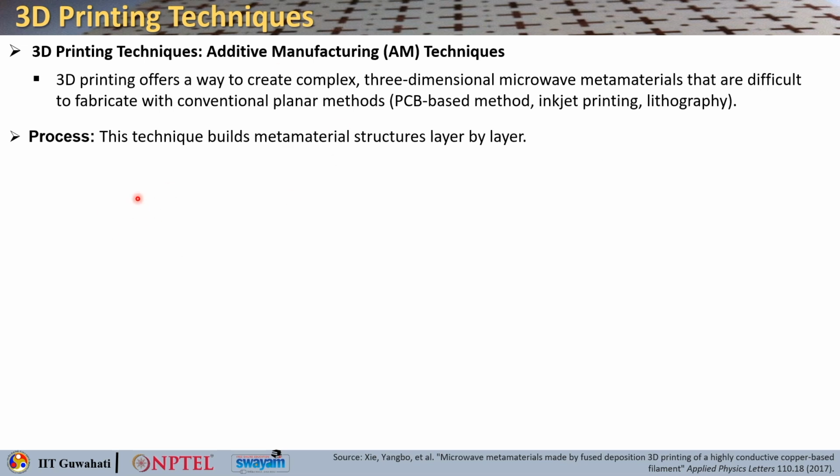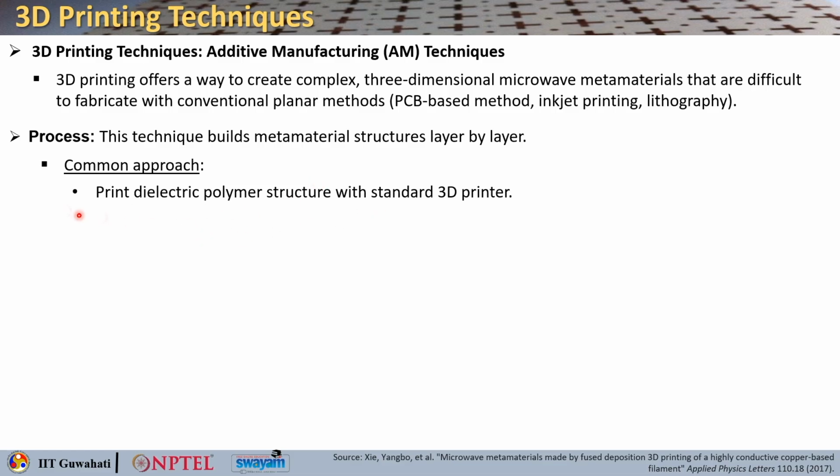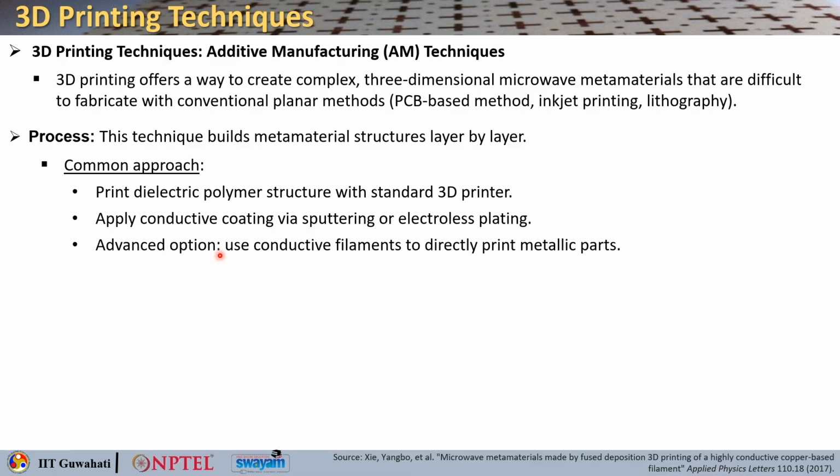So in this 3D printing method, the technique basically uses layer by layer building of metamaterial structures. Okay, so the common approach is that you print a dielectric polymer structure with a standard 3D printer, then you apply a conductive coating via sputtering or electroless plating.